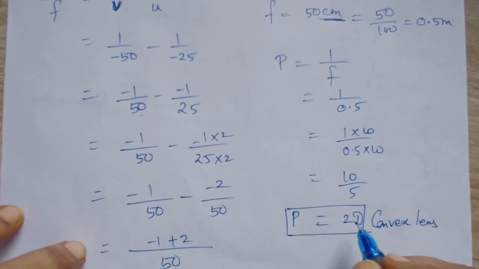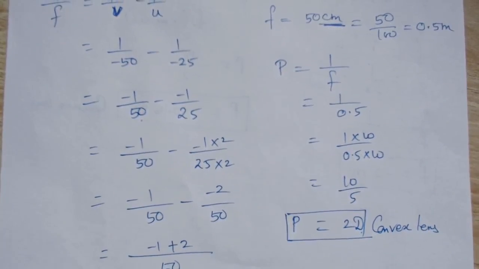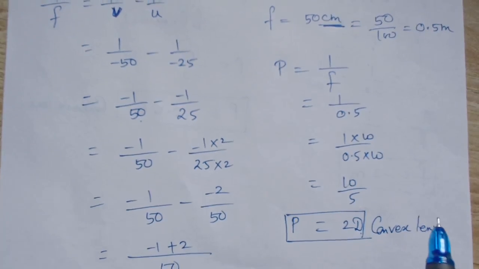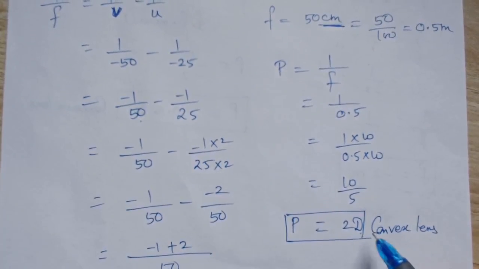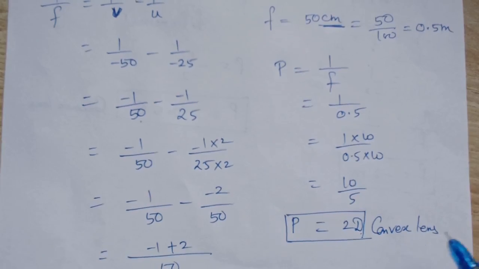Since the power is given in the positive form, and we already found that for hypermetropia we use a convex lens only, we get the answer in positive D itself. P equals 2 D.